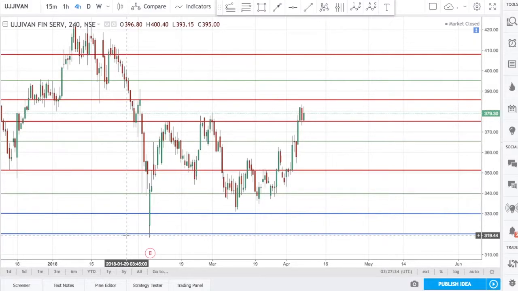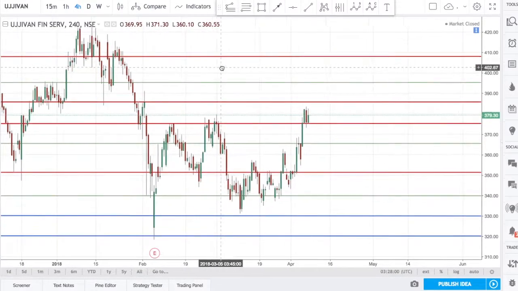A consolidation is a zigzag move within a zone without having any clear direction or trend. Keeping that in mind, let's look at this chart here.